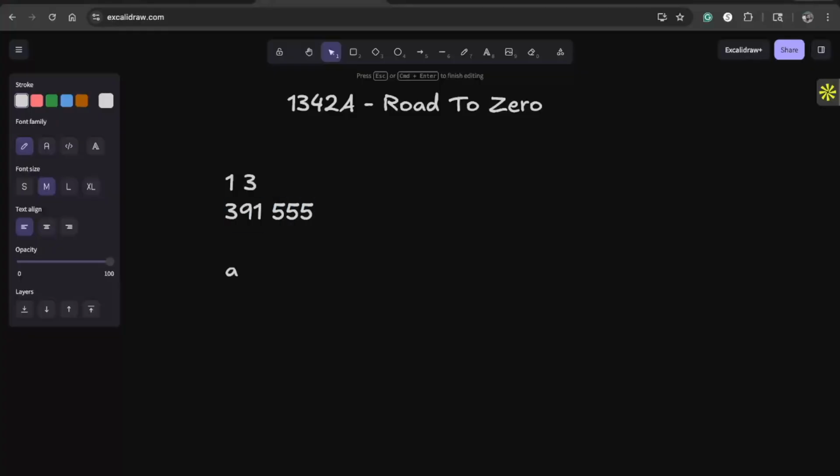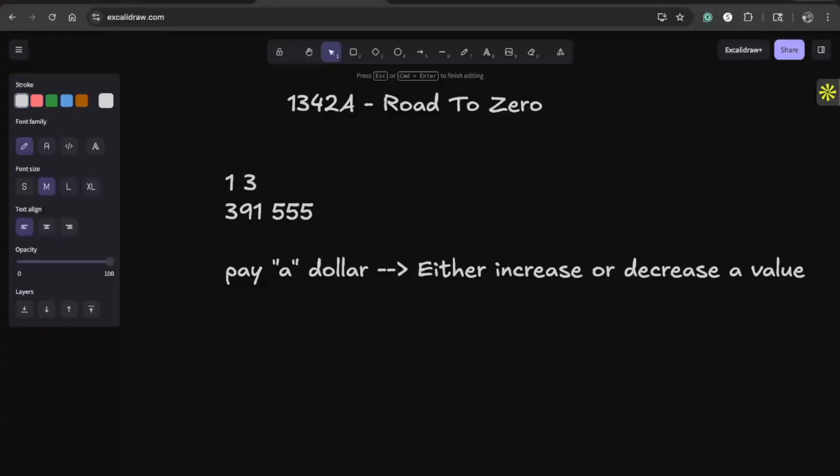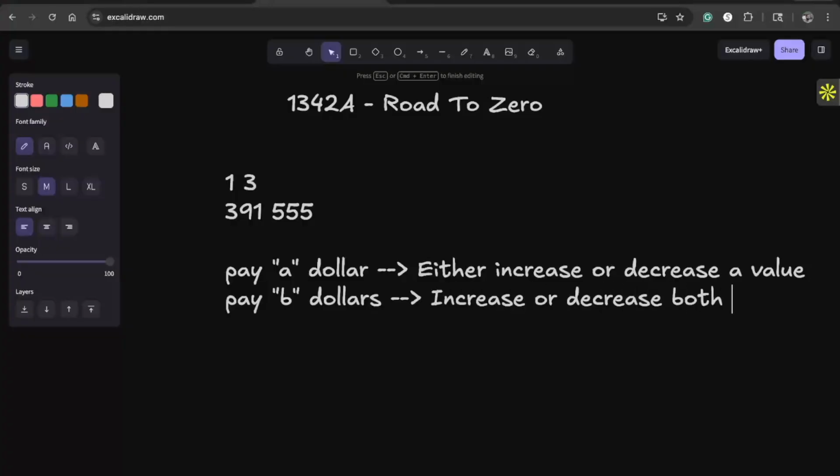Now just as a recap, we pay a dollars to have the option to either increase or decrease a value, and we pay b dollars to increase or decrease both values.